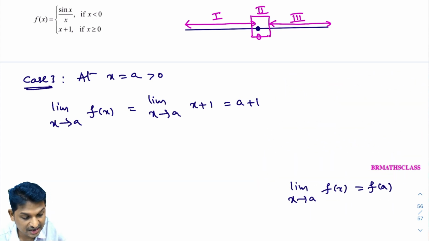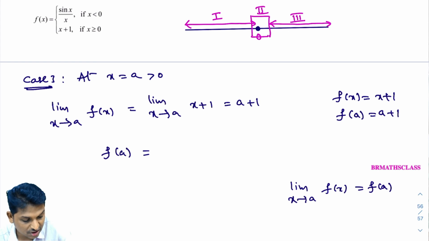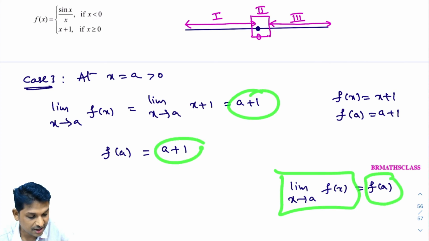Now I will calculate f of a. What is a here? A is greater than 0. When a is greater than 0, f of x is x plus 1. When f of x is x plus 1, f of a is a plus 1. So I calculated f of a, I got a plus 1.